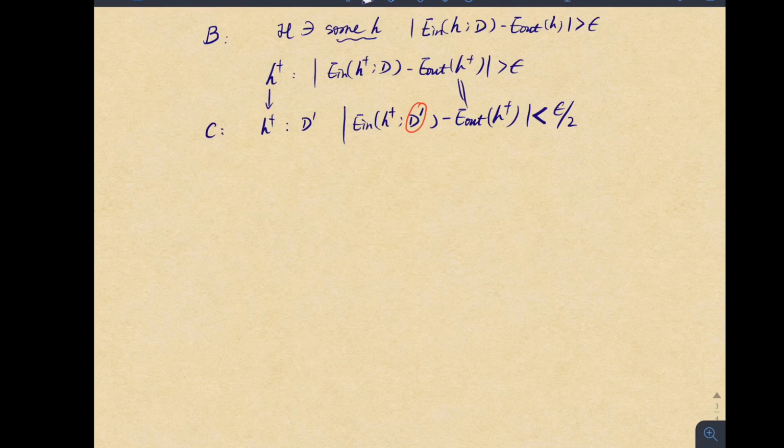Okay, now let's have a look at these errors geometrically, in a more intuitive way. See, that is E out of H cross.